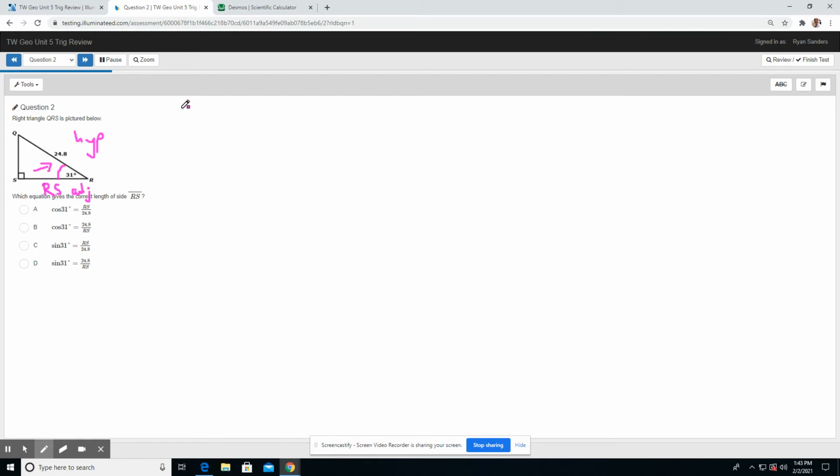And that's all we need. So SOHCAHTOA. The adjacent and hypotenuse. Which of these have adjacent and hypotenuse? There it is. So cosine of 31 degrees is equal to adjacent over hypotenuse.